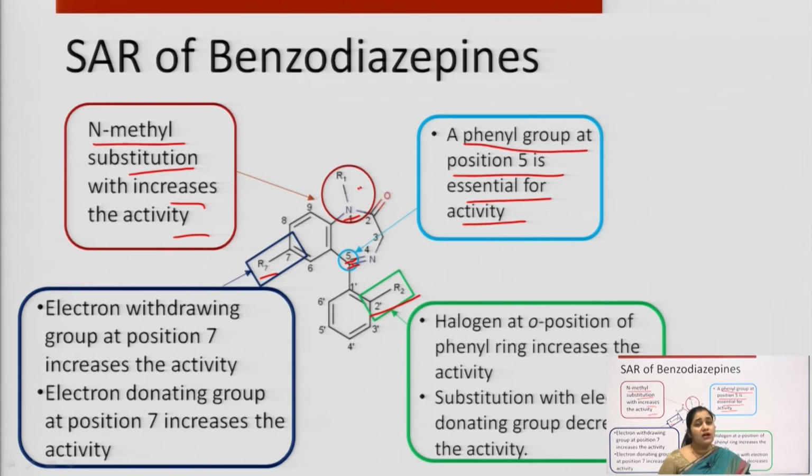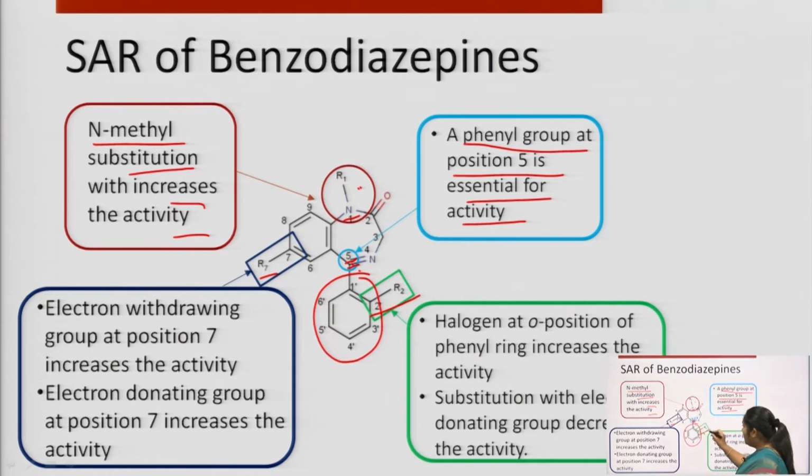Though unsubstituted nitrogen atoms also possess anticonvulsant activity, it has been shown that the substituted one possesses much better activity as compared to the unsubstituted one. And at position number 5, there is a phenyl ring, which is a must for the activity, required for the anticonvulsant potential.